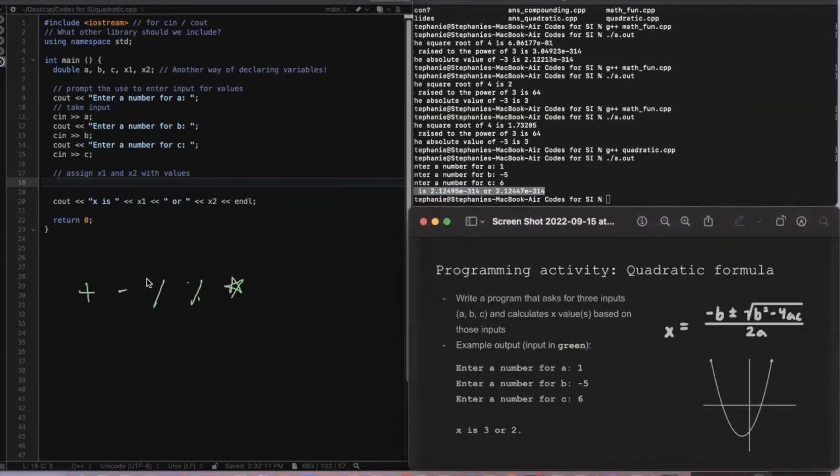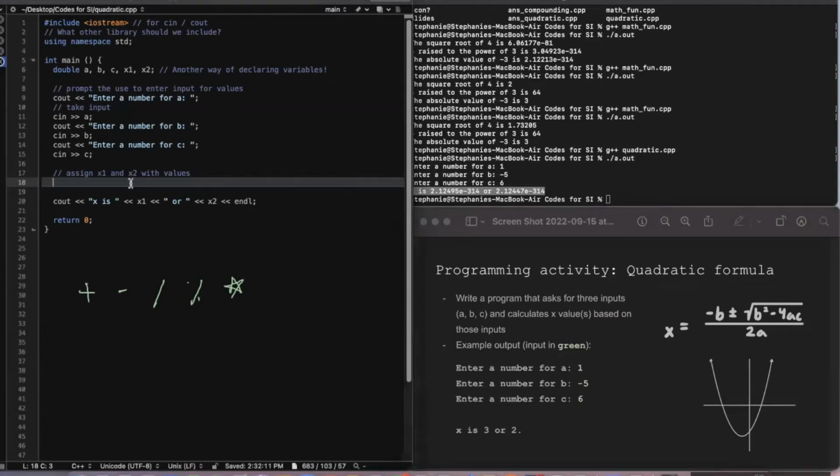And using a combination of all of this, we need to rewrite this formula in a coding format. So, what do you guys think I might want to do? This is a long formula, but we're going to get through it.